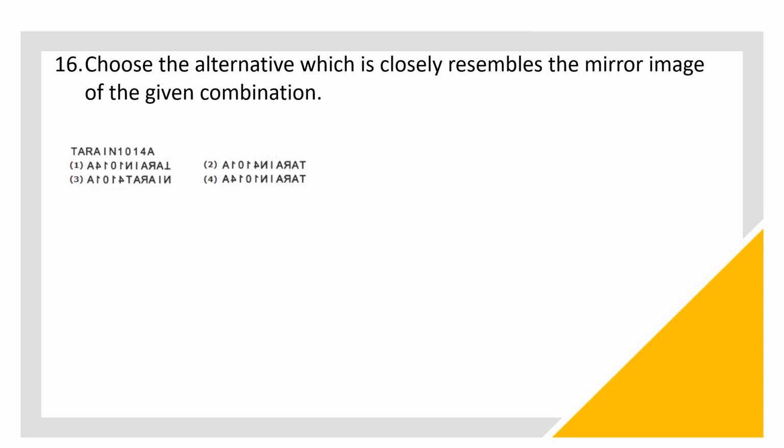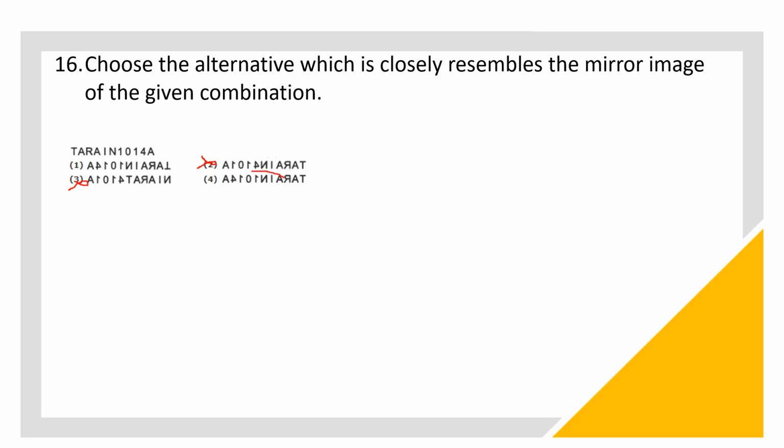Next, what is the mirror image of this? So first A will come, A4101 like that. In all options, first A only, second letter 4. But in the second and third options, 1 is there. So now check the 1 and fourth options. A4101NIA.